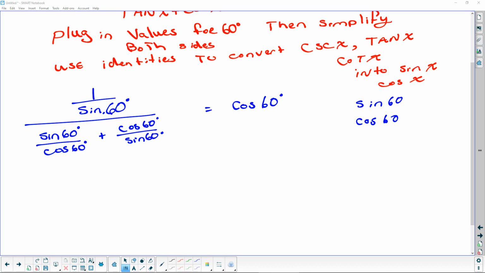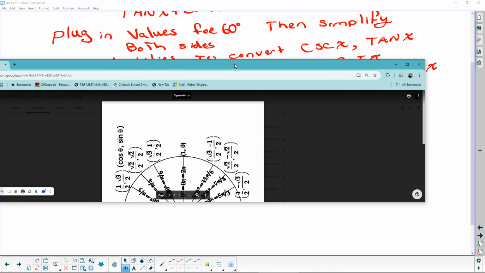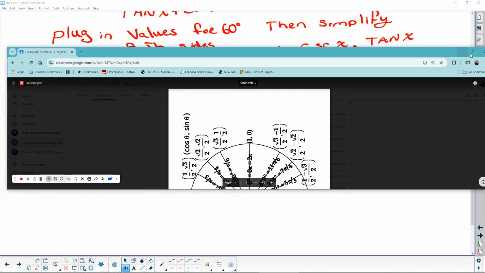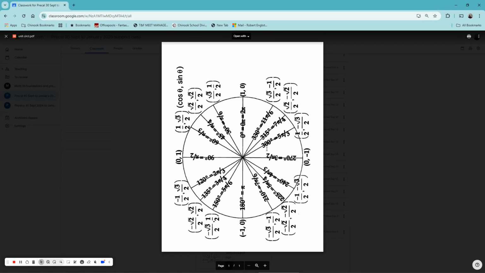Okay, so in our first unit we had, where is the unit circle? Right there. Okay, so let me bring this up. All right, so here's our unit circle. And 60 degrees is right here.